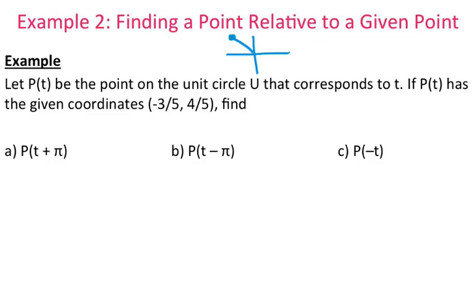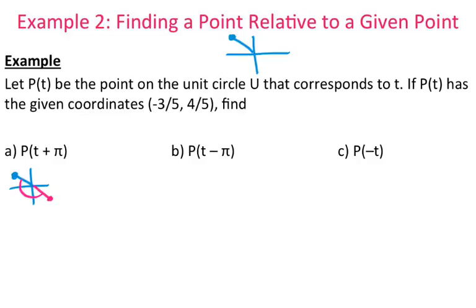Now what you're looking at for letter A is you're taking your angle measurement plus pi. Now pi is equivalent to 180 degrees. So 180 degrees, or pi, is equivalent to half of a rotation. So when I look at my drawing, I'm going to go ahead and redraw it over here. There's my point. What I'm doing is I'm taking that point and rotating it half of a rotation.